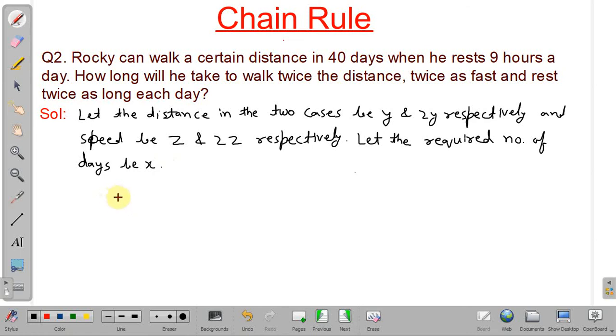Now we will see how each parameter, that is distance, speed and rest time, is linked with number of days. So more distance: if you have to cover more distance, you need more time or more days. More distance, more days, so it is a case of direct proportion.